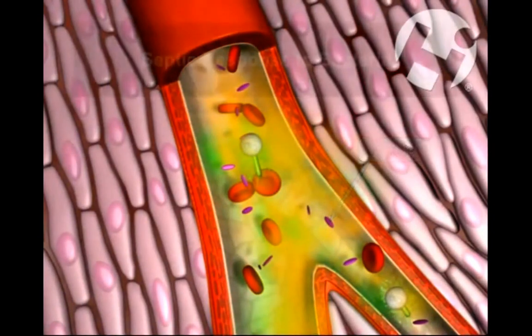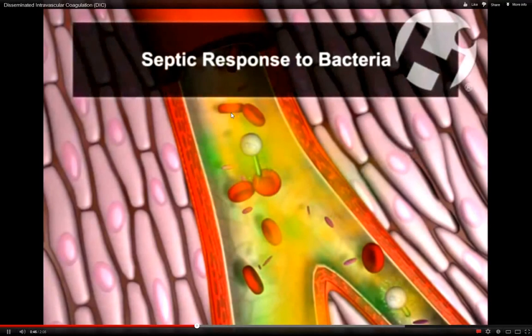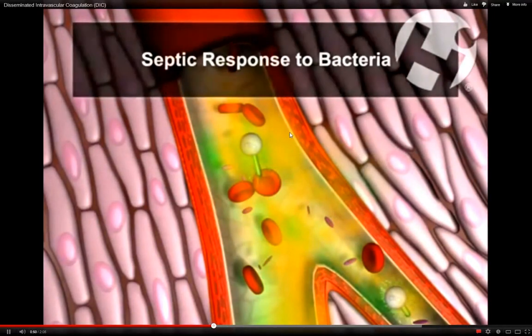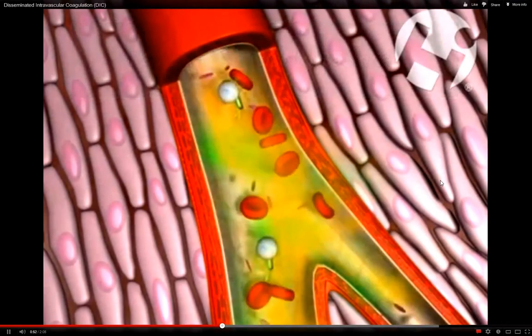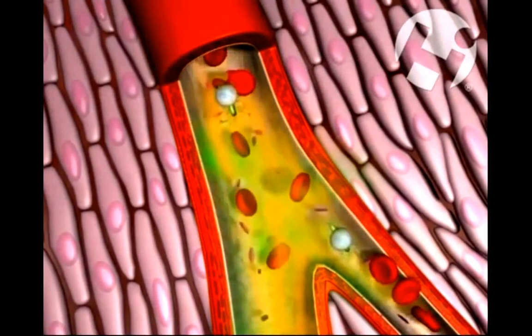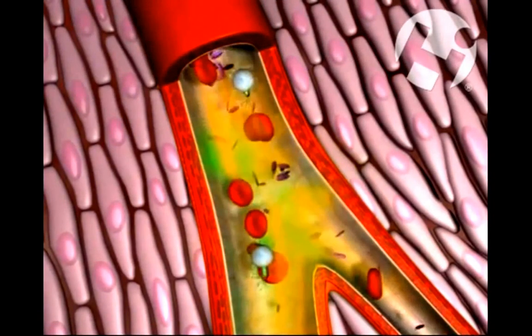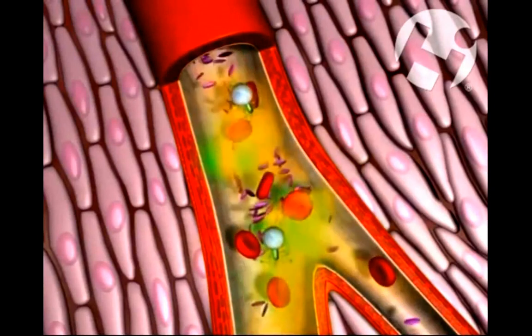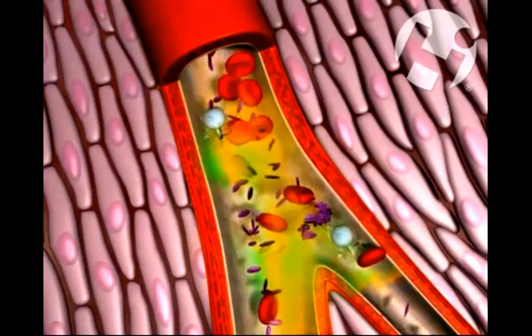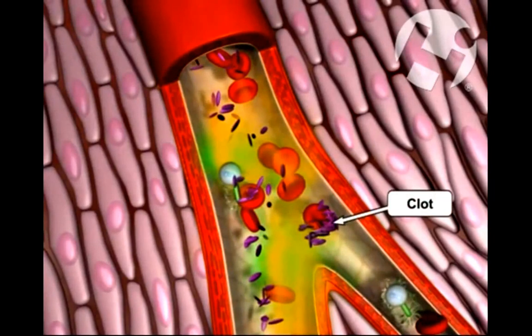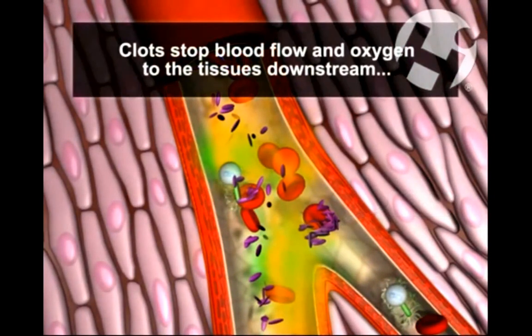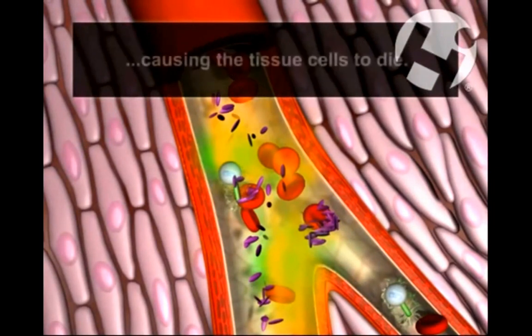So here's normal. Millions of red blood cells, a few white blood cells, platelets, and then clotting factors. But look what's starting to happen to those platelets. So disseminated intravascular coagulation in the vessels. There's clots forming.